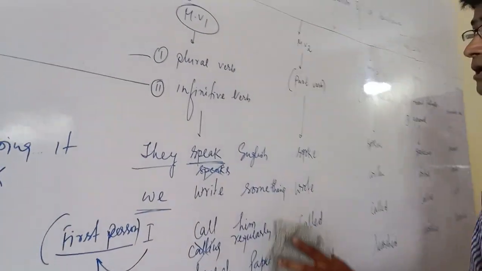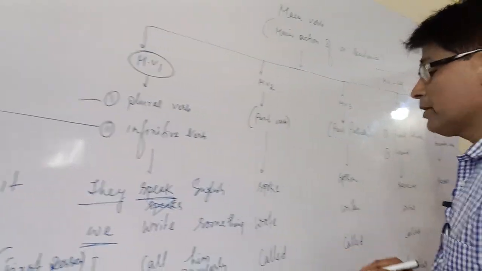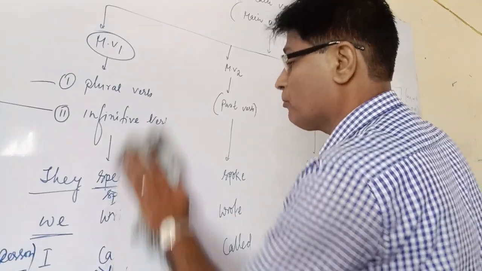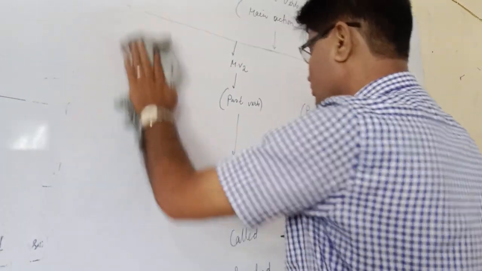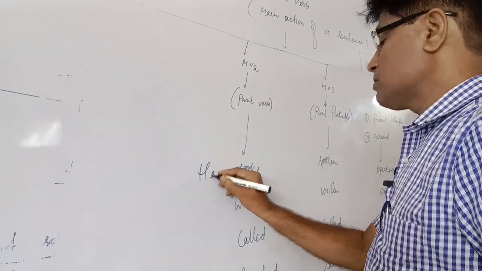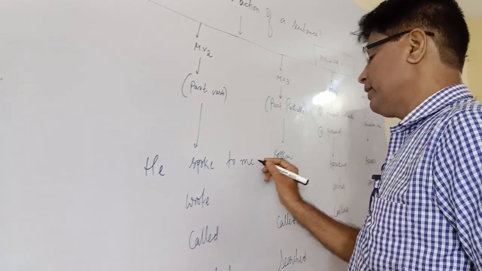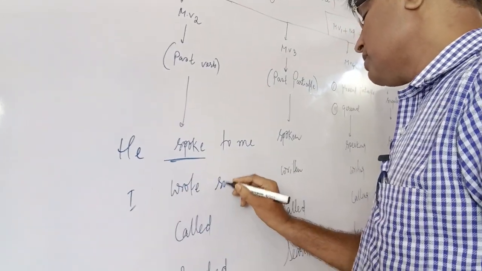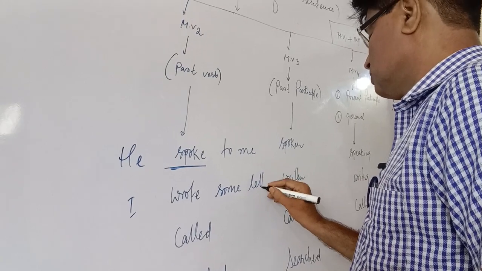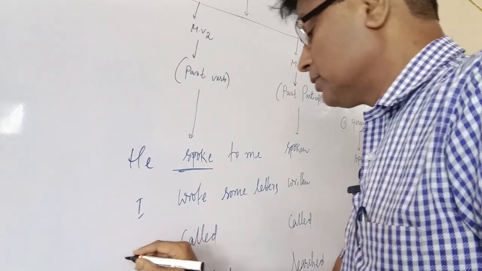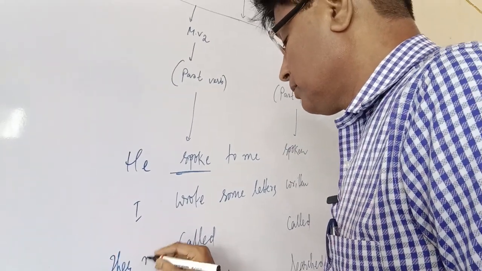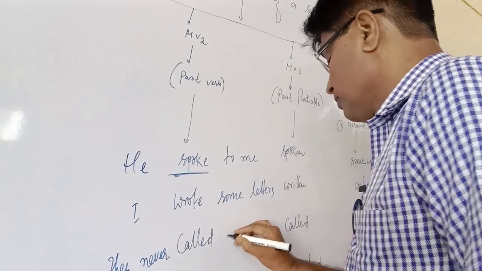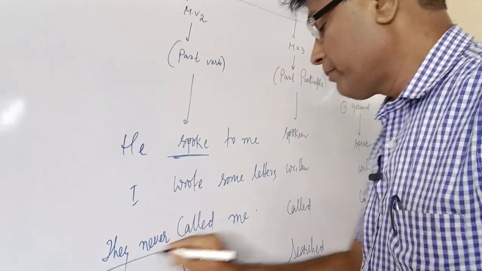Let us learn the second form of verb, called the past form of verb. He spoke to me. It happened in the past. I wrote some letters. They never called me.